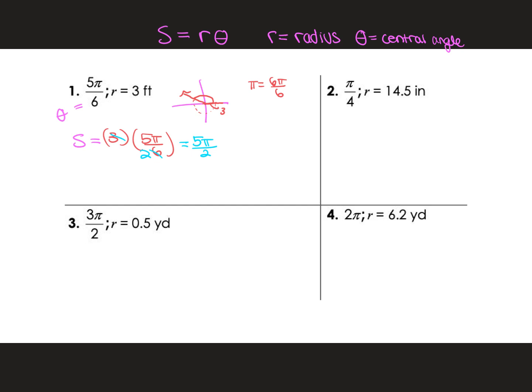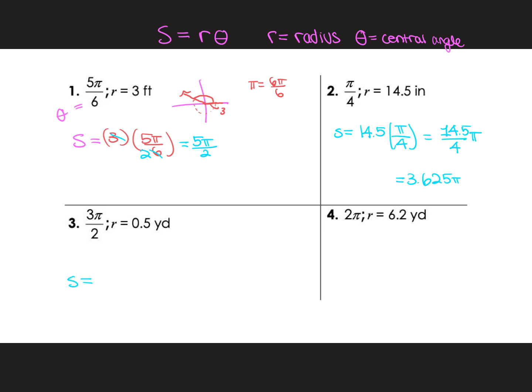We're going to go a little bit quicker now. We have pi over 4 as theta times 14.5, so 14.5 times pi over 4. That's 14.5 over 4 times pi, which we can rewrite as 3.625 pi. On to number 3.